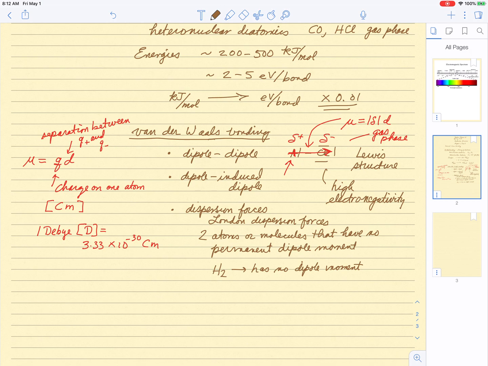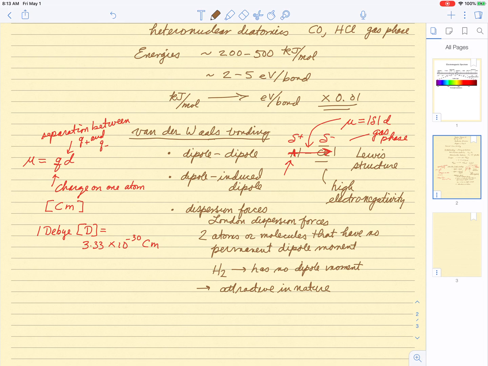So it's important to know that these dispersion forces are attractive in nature, and responsible for things like H2 and O2 and helium being able to be liquefied, okay, because the liquefaction of those atoms and molecules requires an attractive interaction between them to go from the gas state to the liquid state. So these London dispersion forces are what's responsible for that.